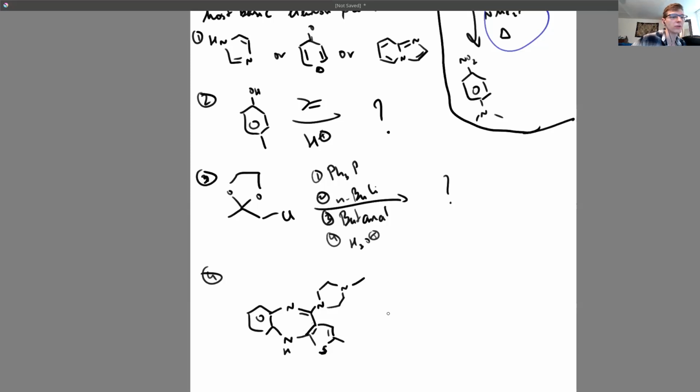Sulfur, and there's a methyl group here. Of course, you just put it in acid and have to figure out what happens.